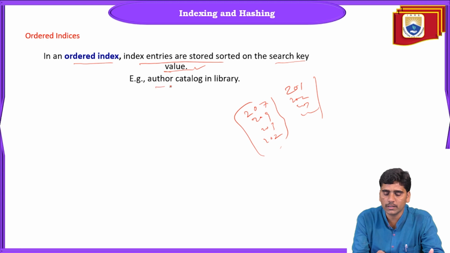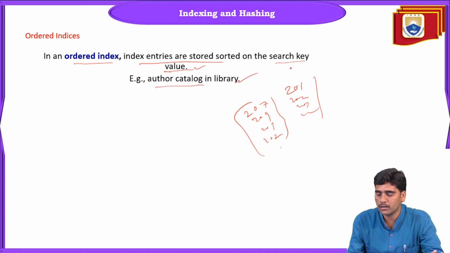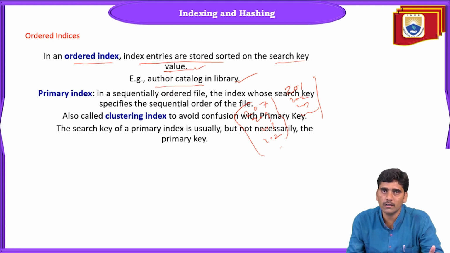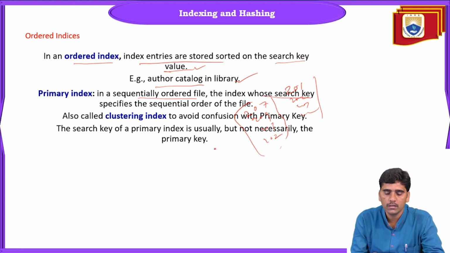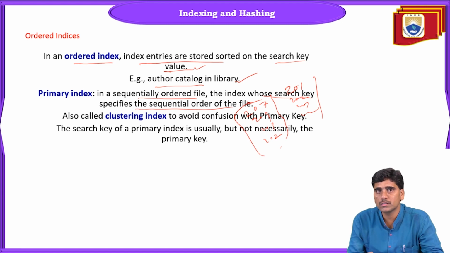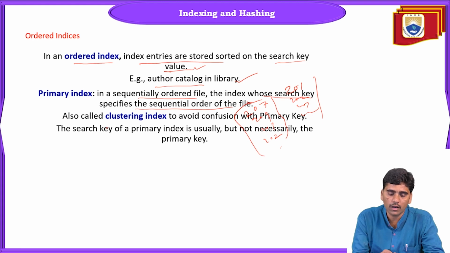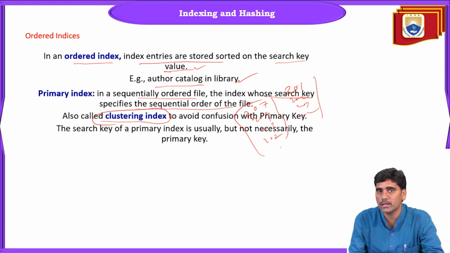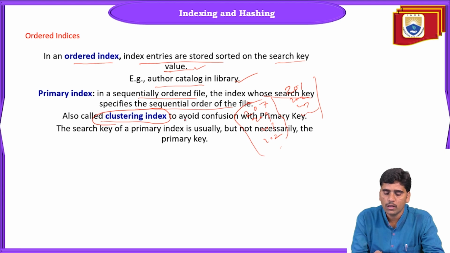For example, an author catalog in a library. That is nothing but an ordered index. And the primary index: in a sequentially ordered file, the index whose search key specifies the sequential order of the file. It is also called a clustering index, to avoid confusion with the primary key.